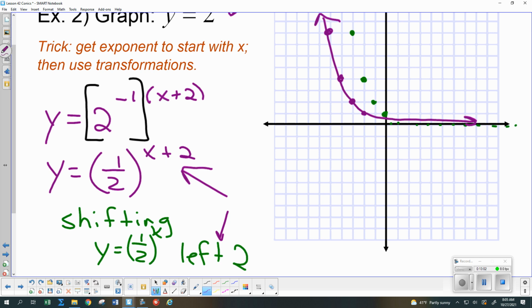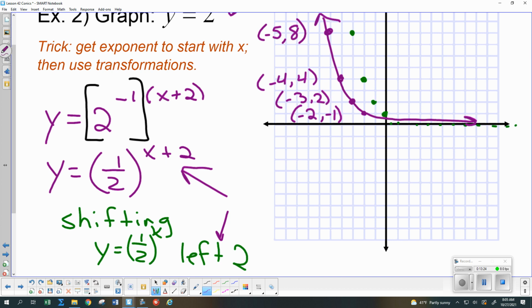I can label my lattice points just by figuring out where I landed. I am at negative 2, 1. I am at negative 3, 2. I am at negative 4, 4. And I am at negative 5, 8.